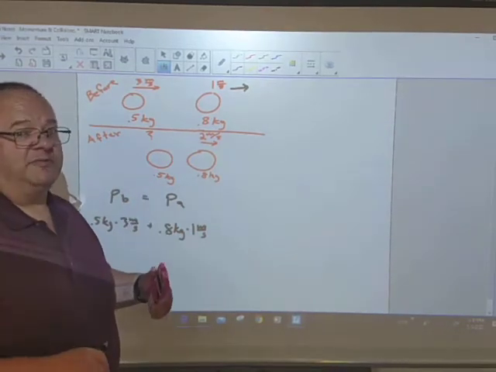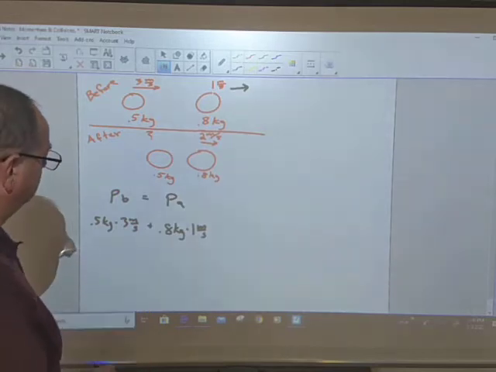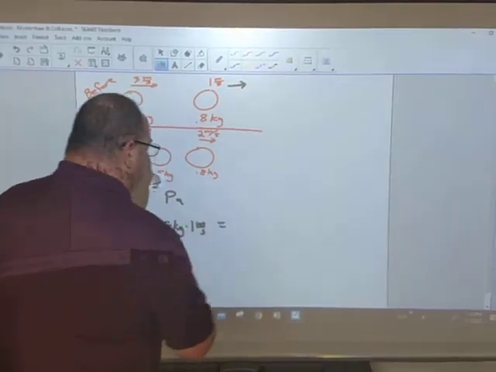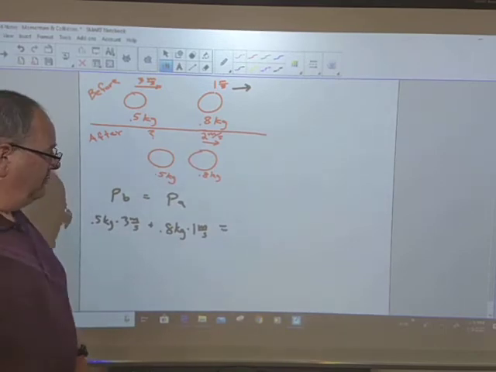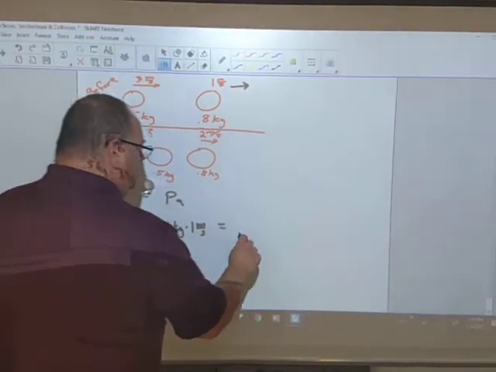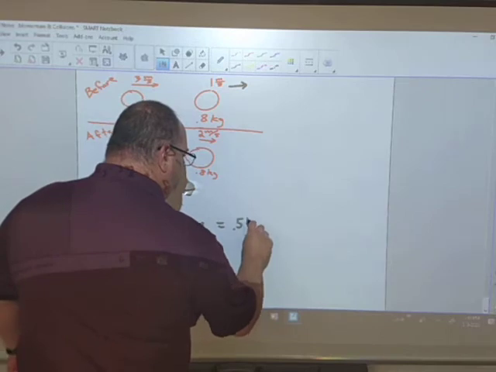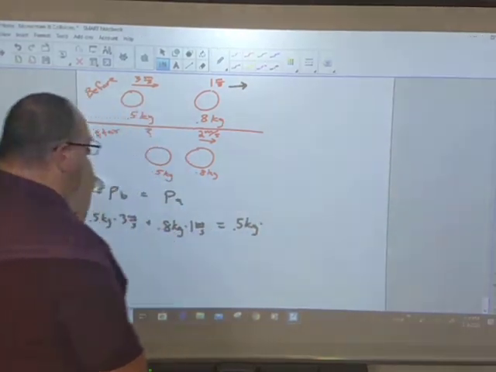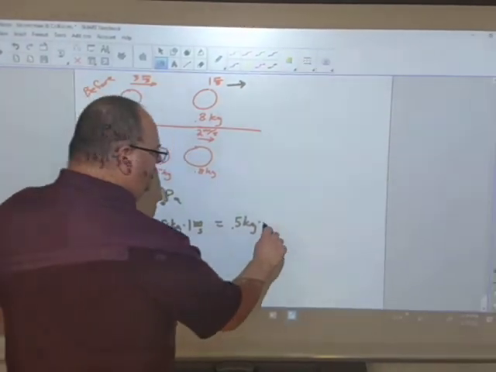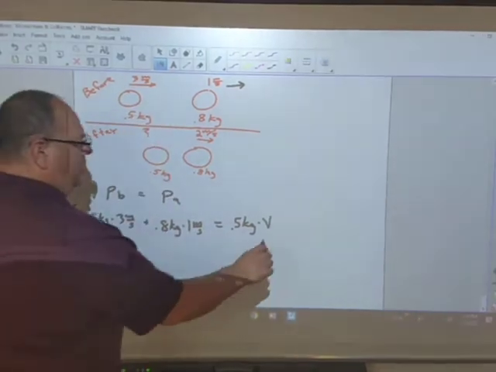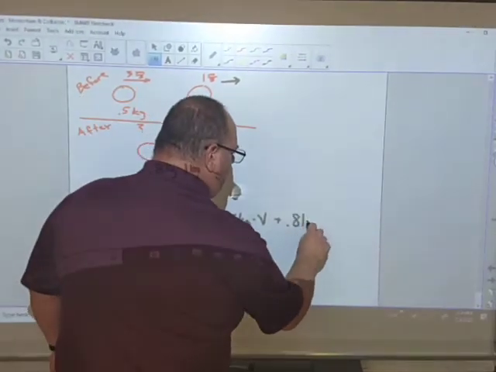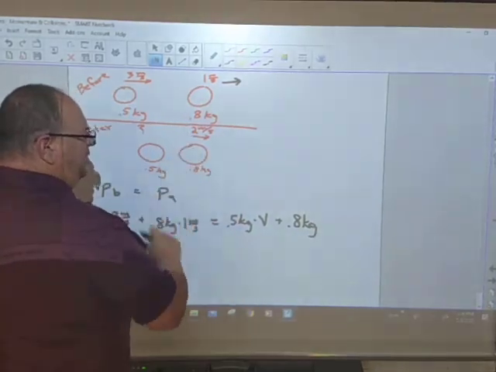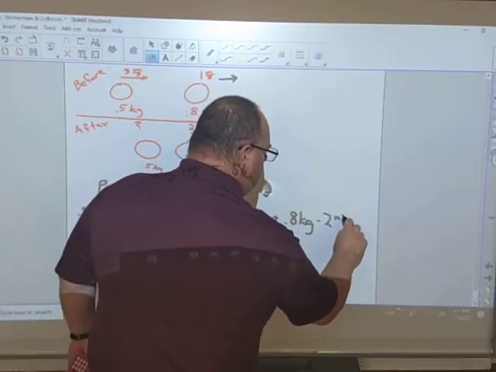I know that momentum is mass times velocity. Now I'm going to go over here to after. Are they both moving? So far as we know. So let's write a term down for both. The 0.5 kilogram ball, we don't know how fast it's going. So I'm just going to put a V there. Plus, we got the 0.8 kilogram ball times 2 meters per second.